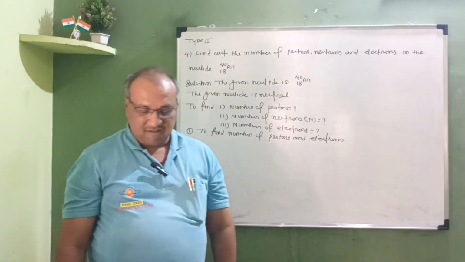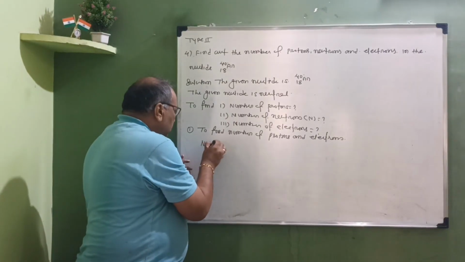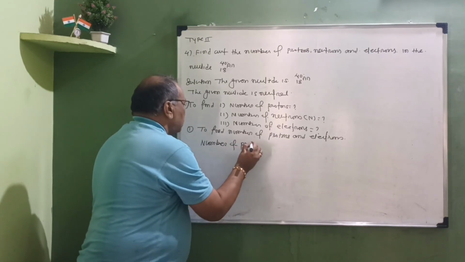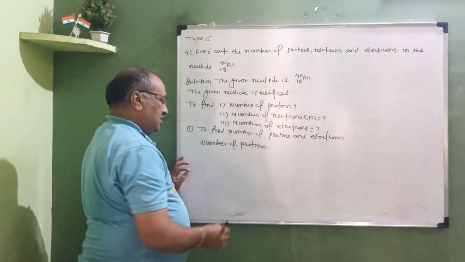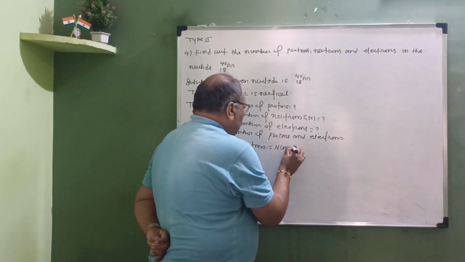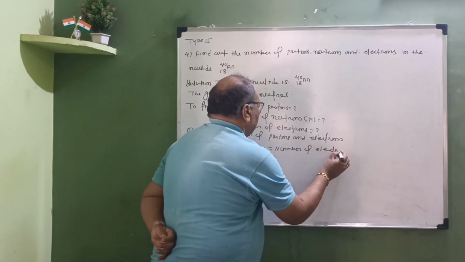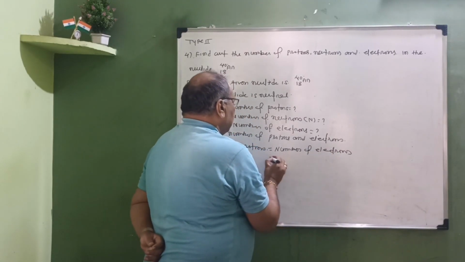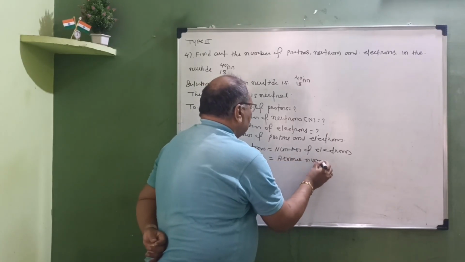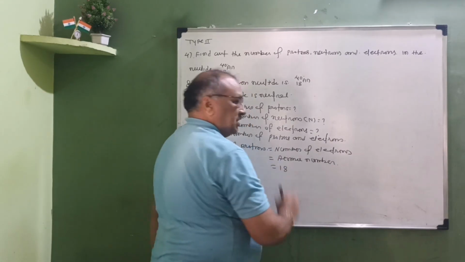These protons and neutrons are collectively called as nucleons. That means here number of protons is equal to number of electrons, which is equal to atomic number, that means 18.